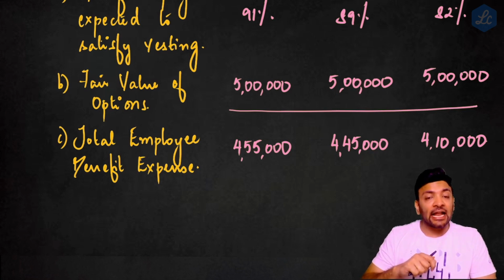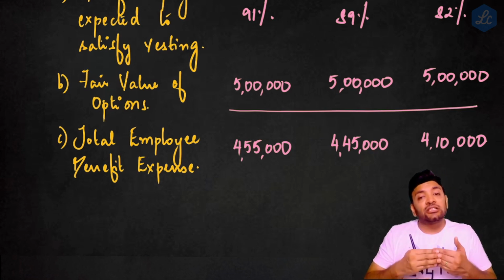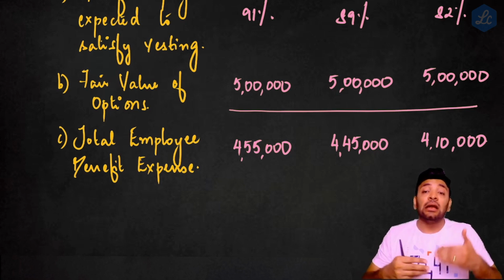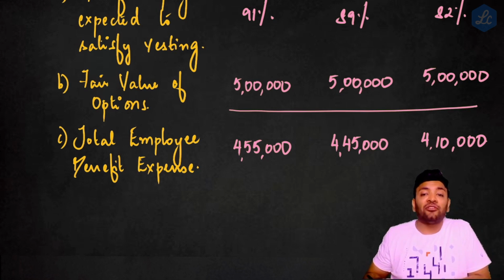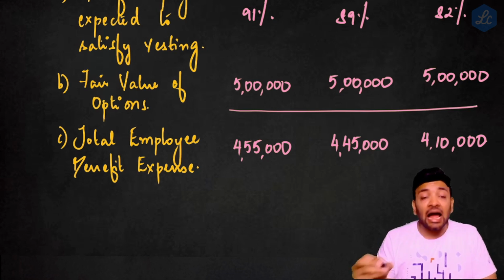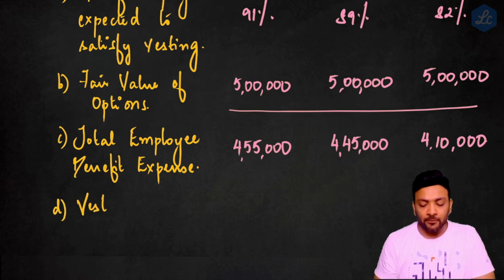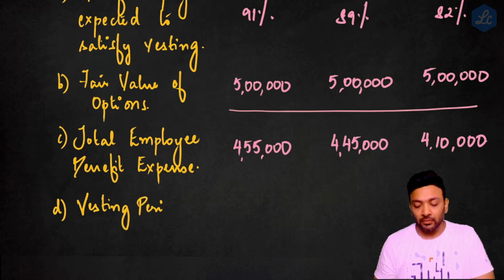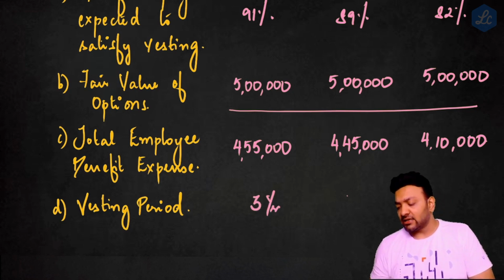Will you provide it entirely in the same year? No, because I know that this expenditure is not due at the end of year 1. It is only due at the end of year 3. So why should I provide the entire 4,55,000 right away? So I will have to provide this expenditure over the entire vesting period on a straight line basis. Vesting period: 3 years, 3 years, and 3 years.